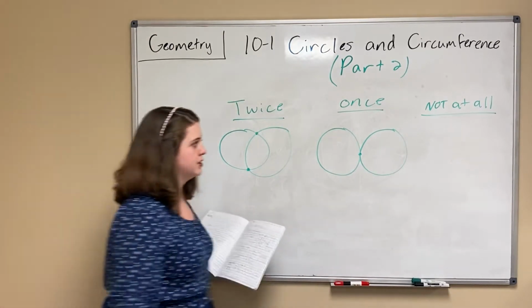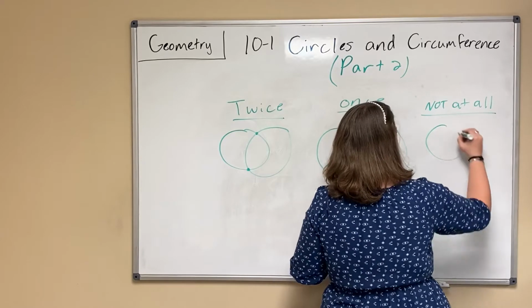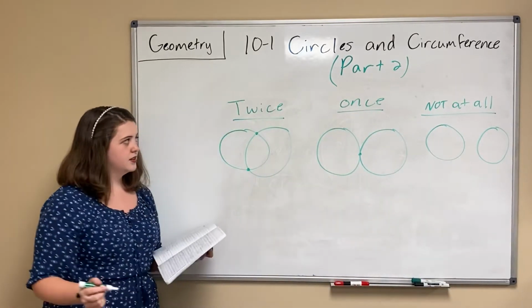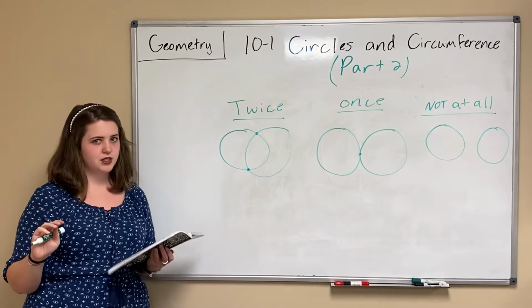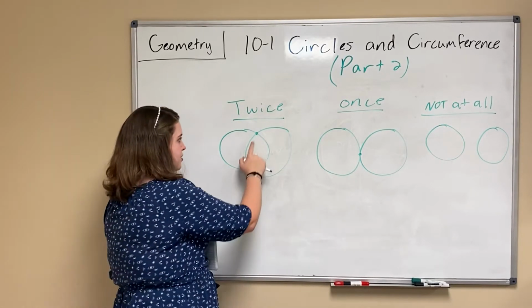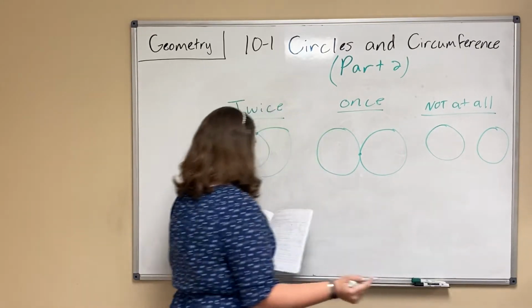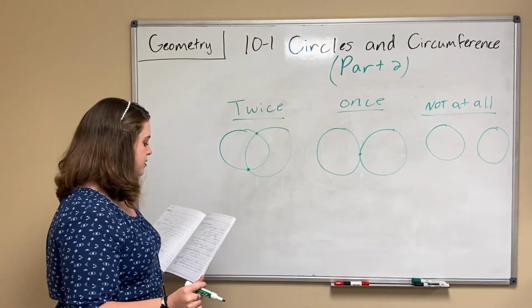Not at all, obviously, it's just going to be two circles that do not intersect. So these are the three options with intersecting circles: either they cross each other twice, they just touch each other once, or they don't touch each other at all.